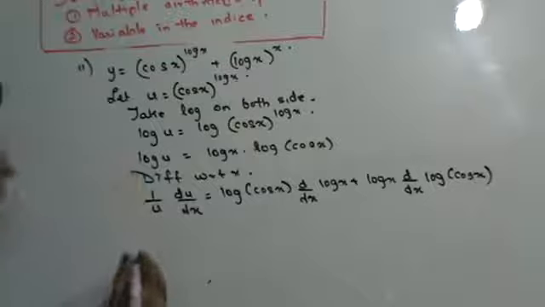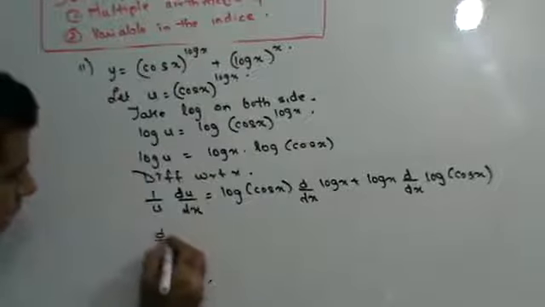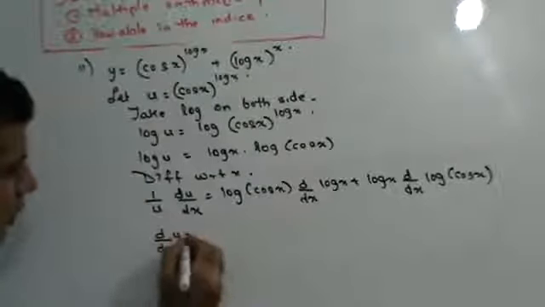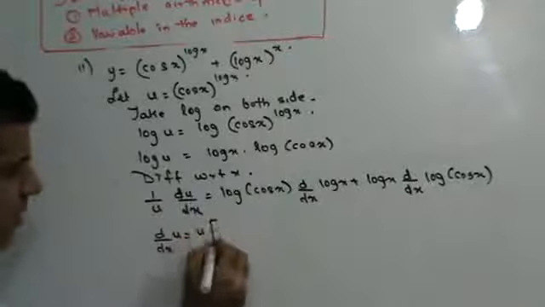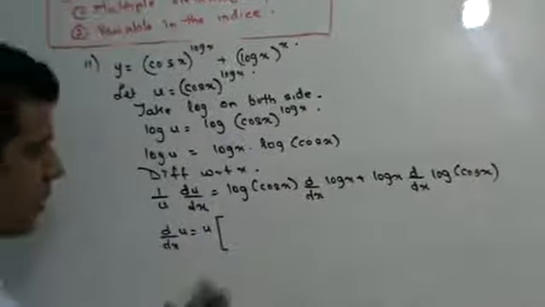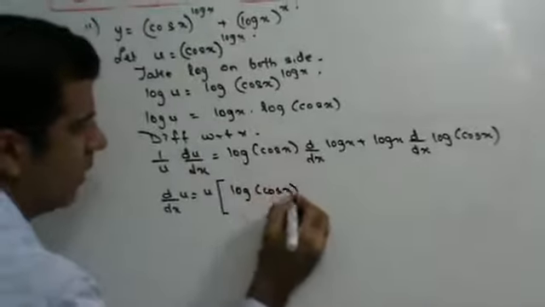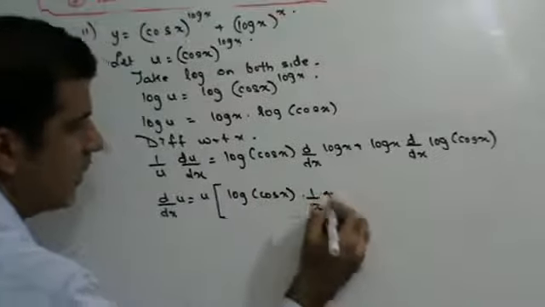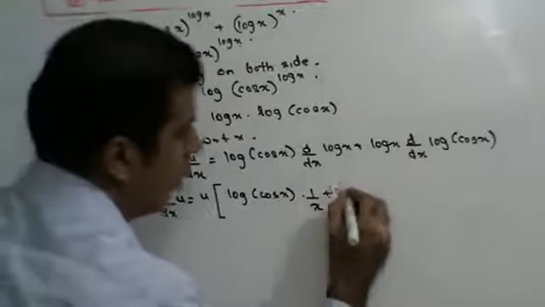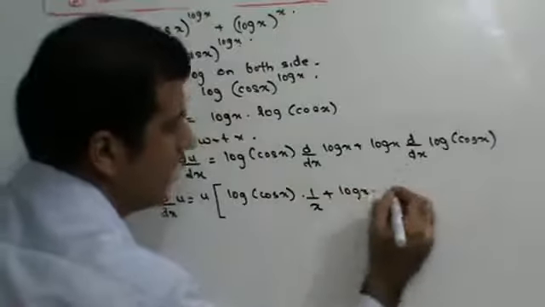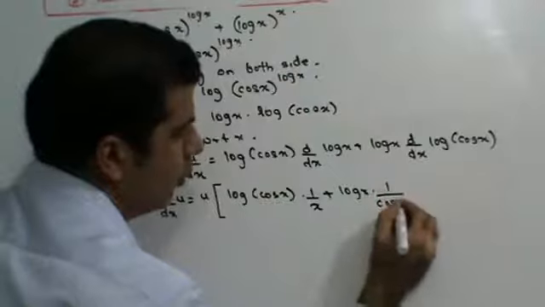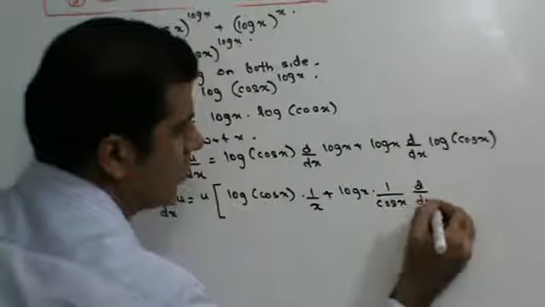Right? Take u on the other side. So you will get d by dx of u is equal to, u is division, goes on the other side, becomes multiplication. This is going to be log cos x. d by dx of log x is 1 upon x. Log x. d by dx of log u is 1 upon u d by dx of u.